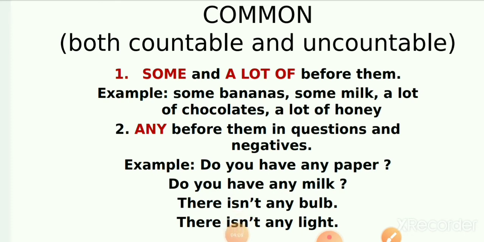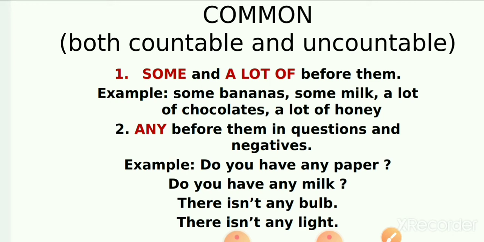Both countable and uncountable nouns have some common uses. First, some and a lot of before them. You can use some and a lot of before both uncountable and countable nouns. For example, some bananas. Bananas are countable, so you can use some before countable nouns. Then some milk.